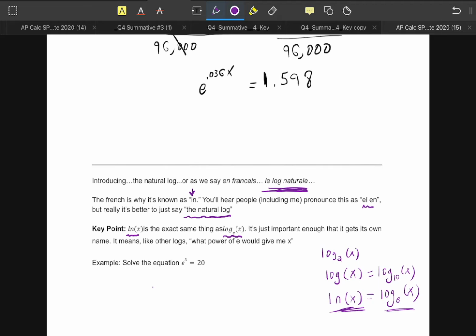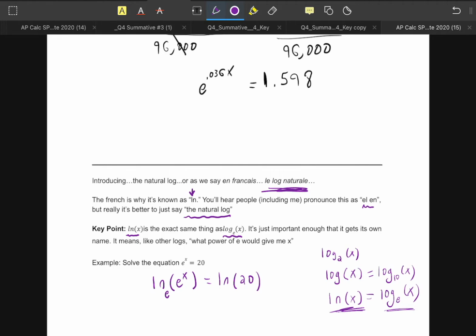And so if I wanted to solve this equation, e to the x is 20, I would say, let me take the natural log of e to the x, and that would be the natural log of 20. And the reason that this is super helpful is that this question is kind of like a silly riddle.